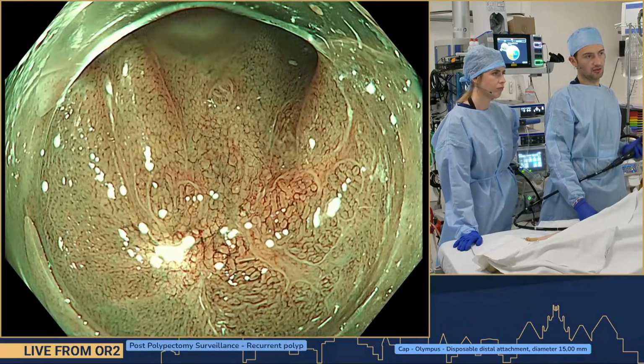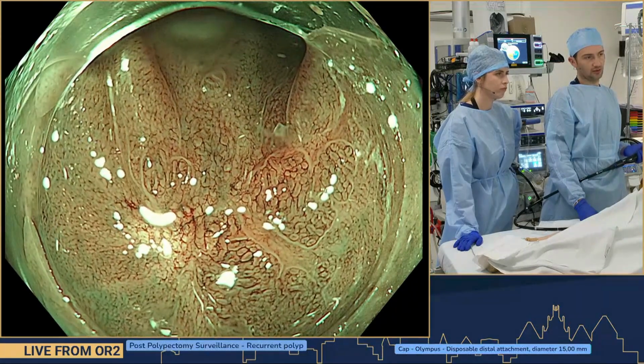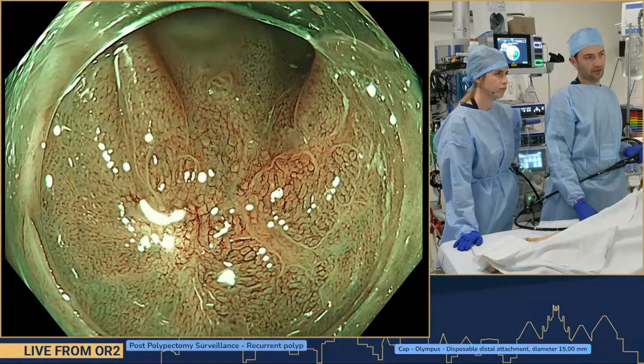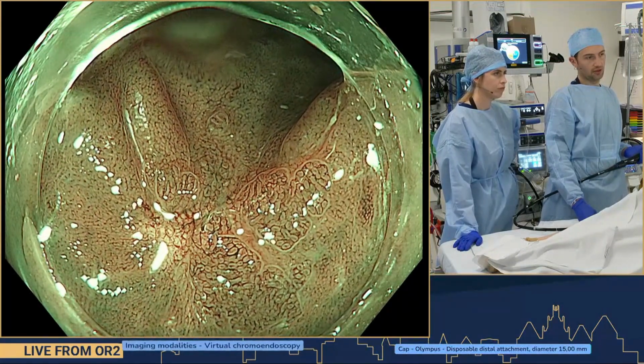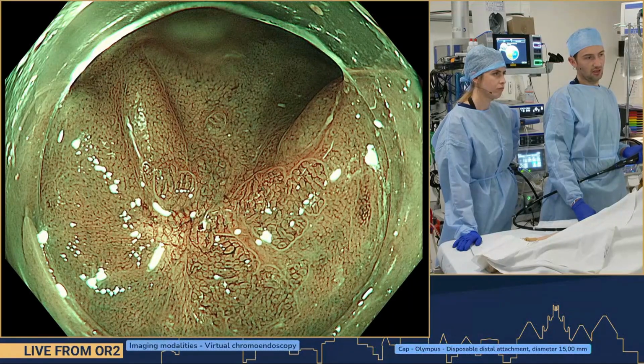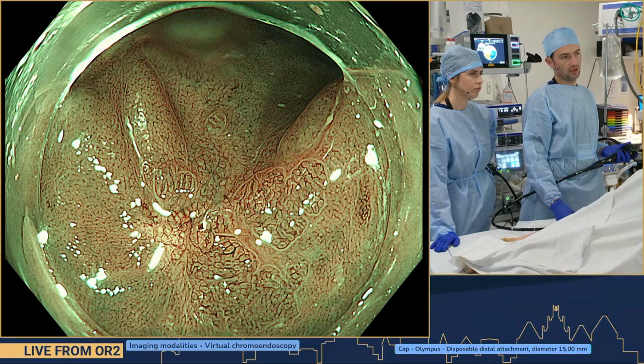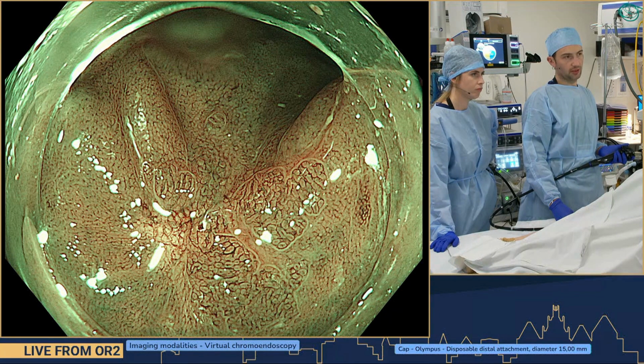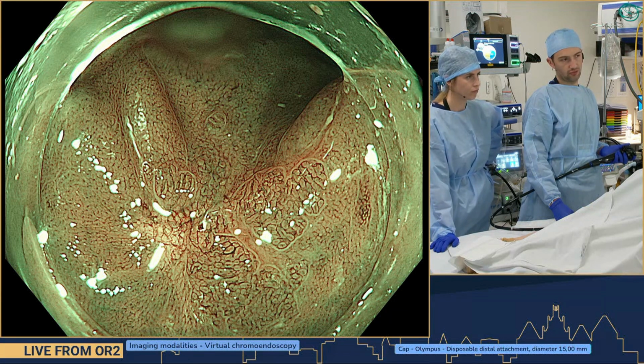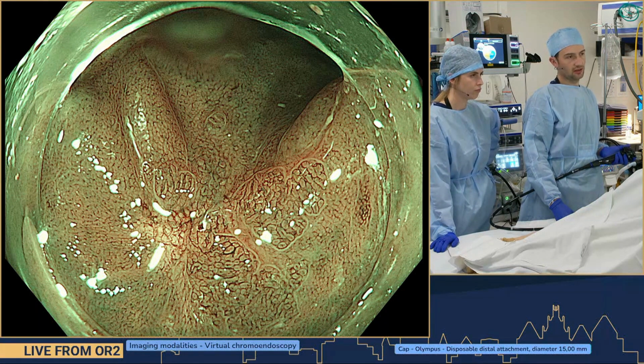Because when we go to virtual chromoendoscopy, the pattern of the scar, which you can see in the bottom left of the image, a little bit of light reflection, those open pits are interrupted by a branching vascular pattern of at least 1, 2, 3, 4, I think, separate areas.